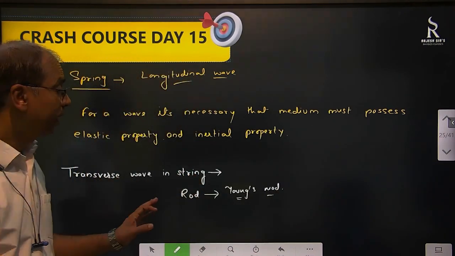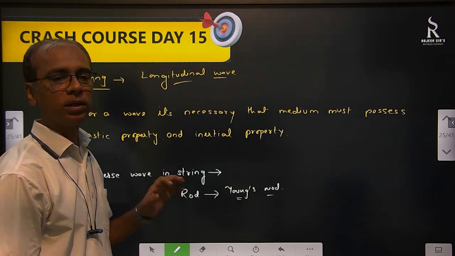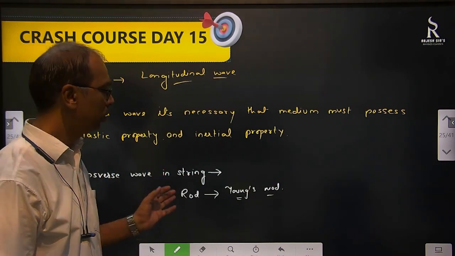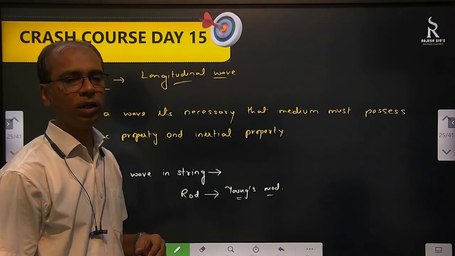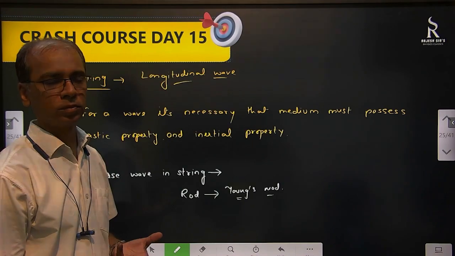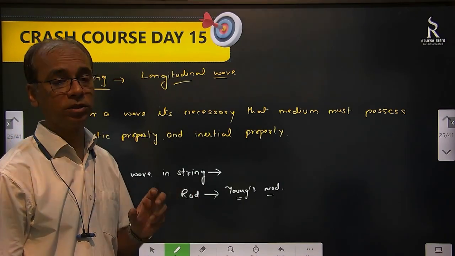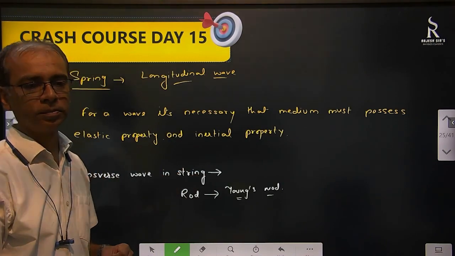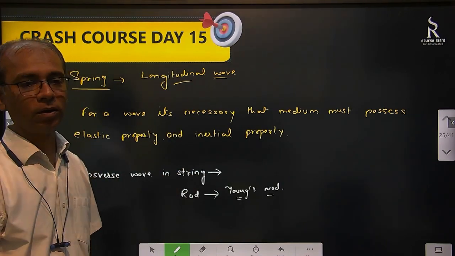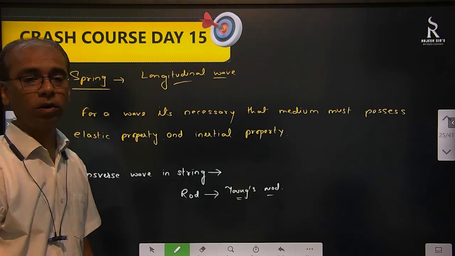Why Young's modulus? Why elastic property? That I told you through SHM. But at the same time, one more thing is there. When you are making a wave in any medium, it is creating disturbance, changes are being made. Particularly in a longitudinal wave, there is compression and rarefaction. That means changes in volume are happening, and in longitudinal waves, I am directly giving you the reference that bulk modulus is involved.